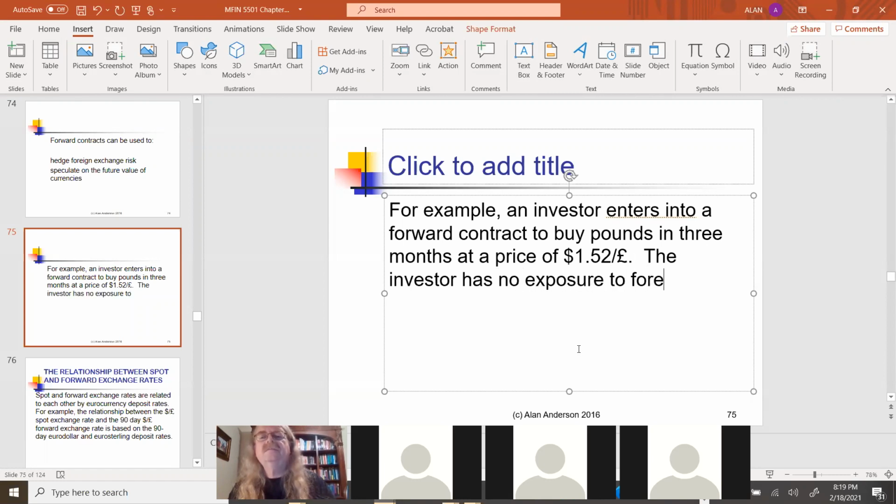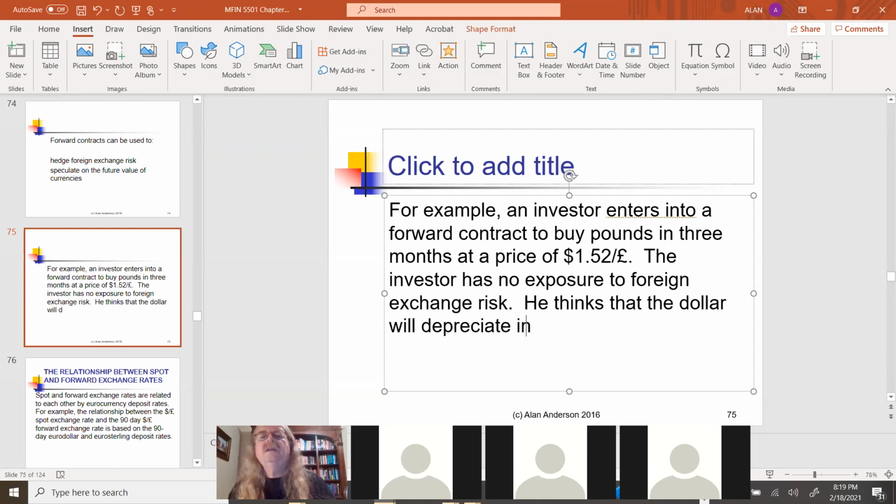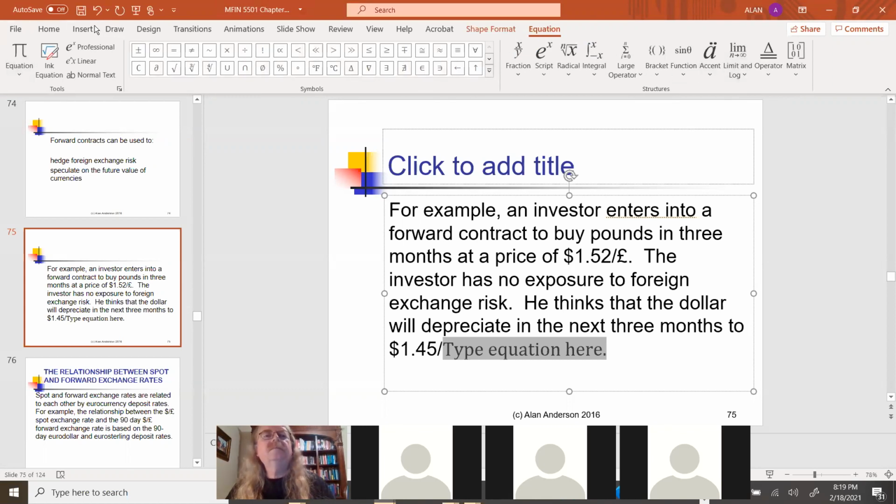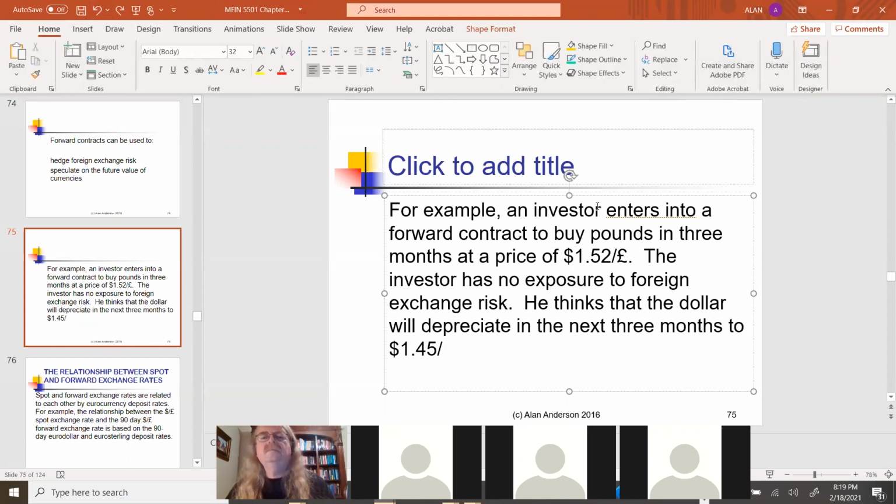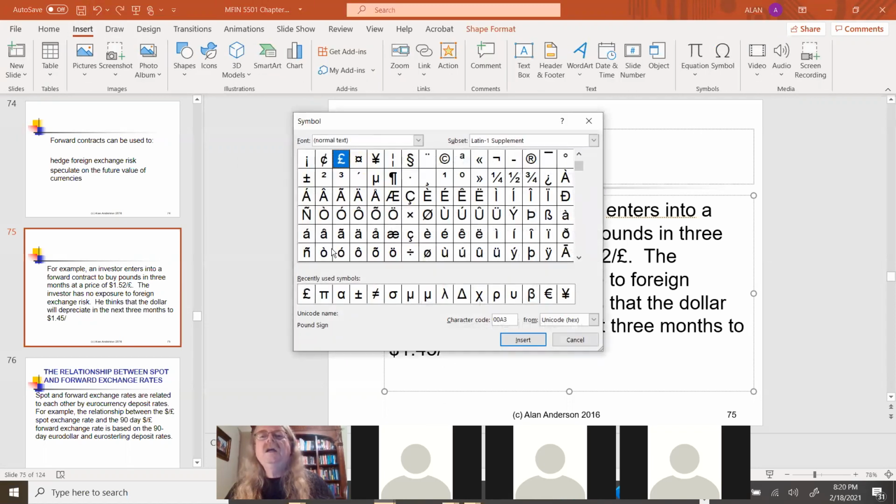So why is he doing this? He thinks that the dollar will depreciate in the next 3 months. Let's say he thinks it'll go down to $1.45. Just to keep it simple. So what exactly is he saying here?